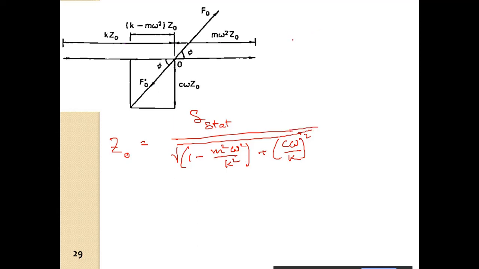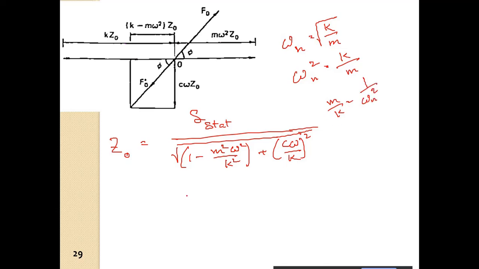Now if you remember, omega n is equal to root over k by m. So omega n square is equal to k by m, so m by k is equal to 1 by omega n square.